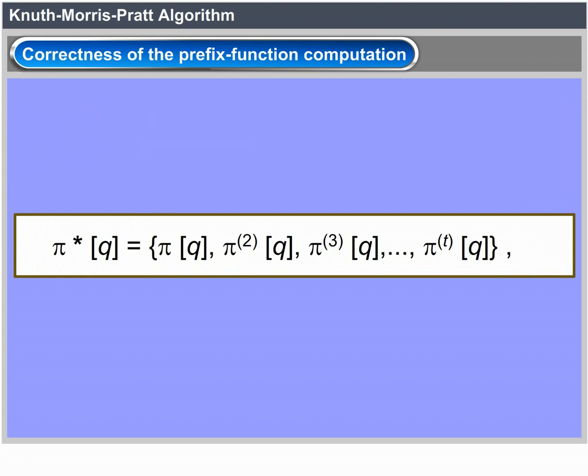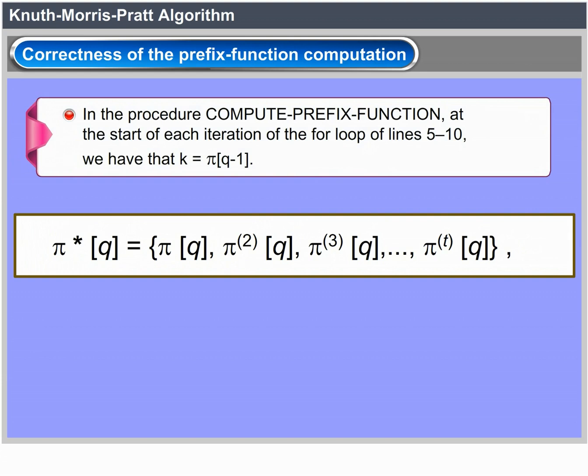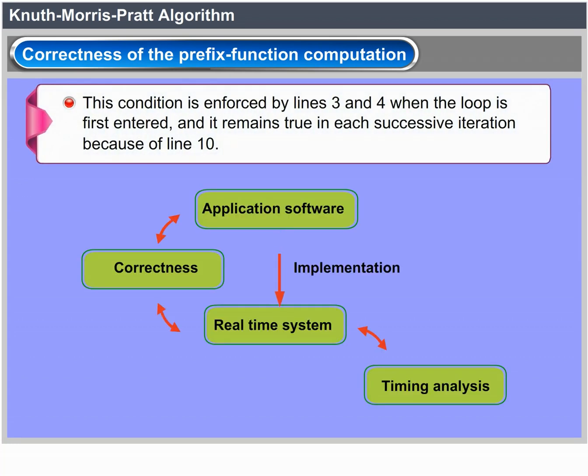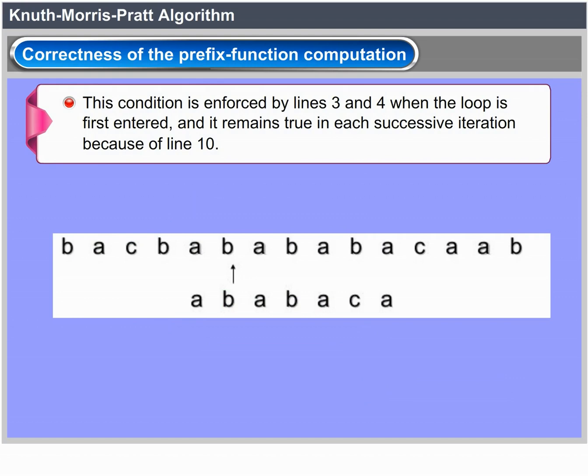In the procedure compute prefix function, at the start of each iteration of the for loop of lines 5 to 10, we have k equals pi of q minus 1. This condition is enforced by lines 3 to 4 when the loop is first entered, and it remains true in each successive iteration because of line 10.